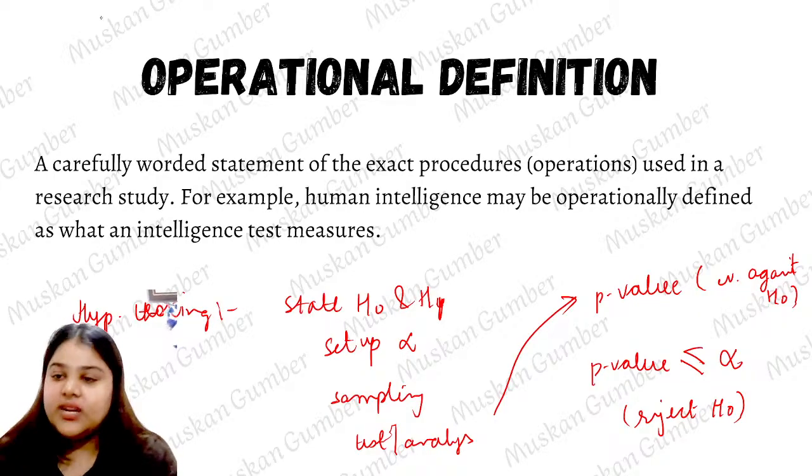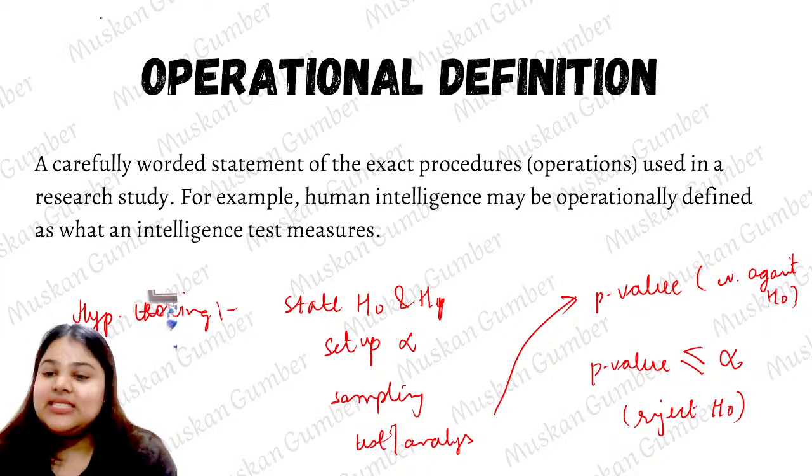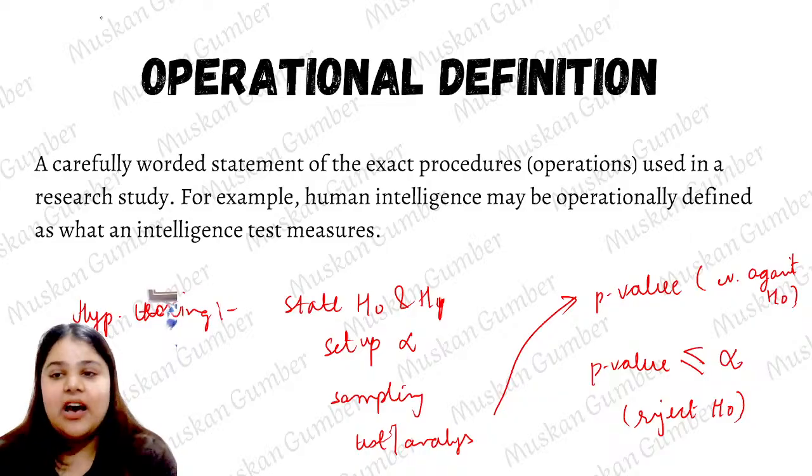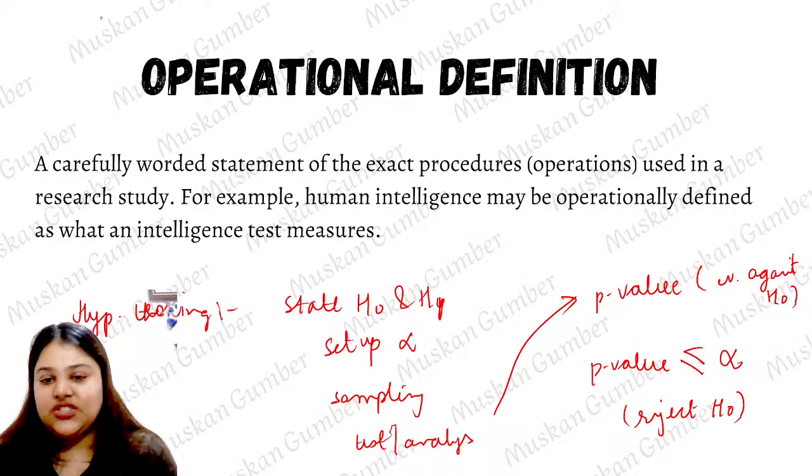The way you state the hypothesis, set up your level, and accept or reject remains the same throughout, so it will not be a change of information again and again. One time it is a struggle, but after that it is a very easy journey. Okay, clear? Moving ahead to operational definition.